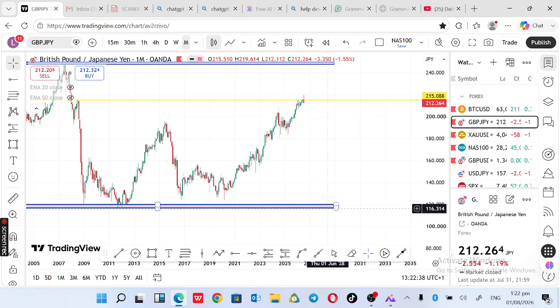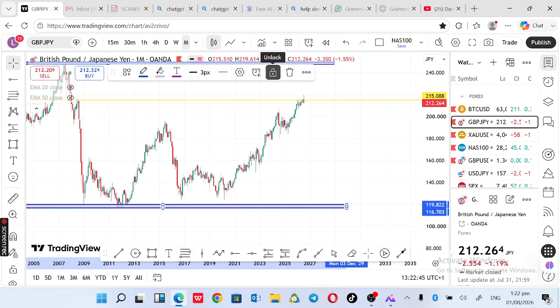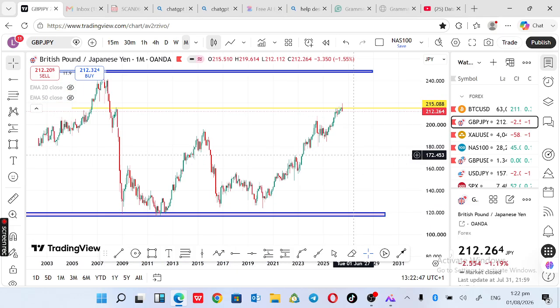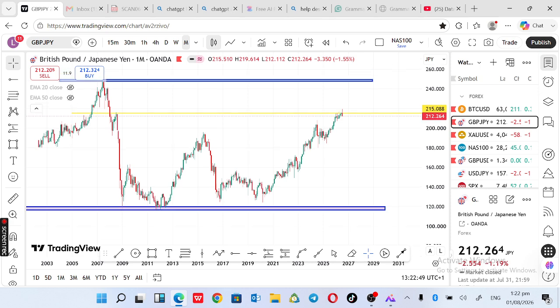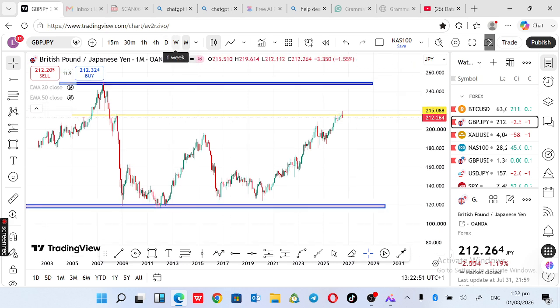So we have our support here. That is for monthly. Now let's go back to weekly and see what.